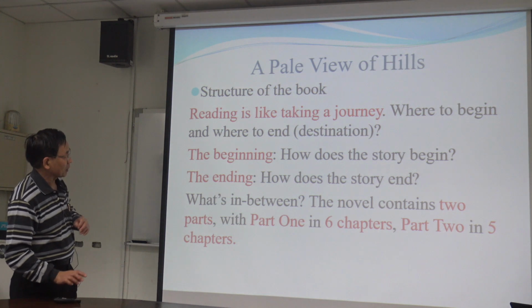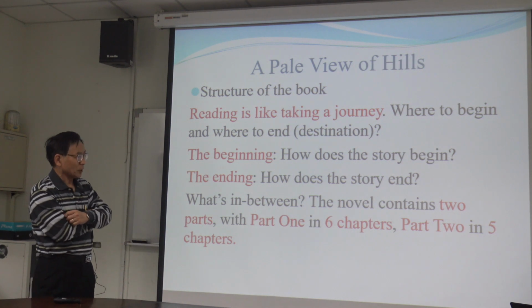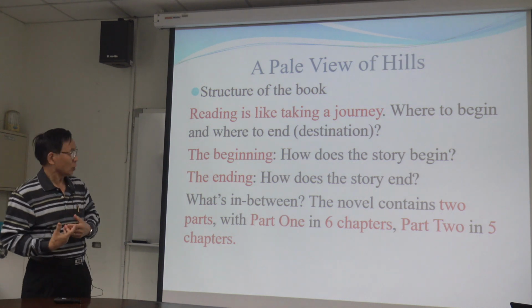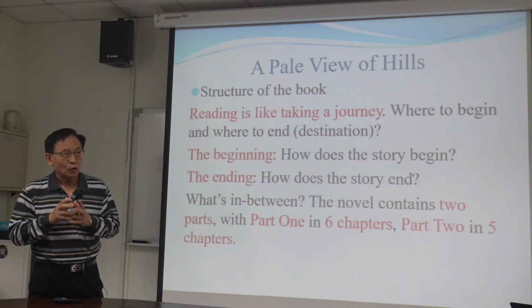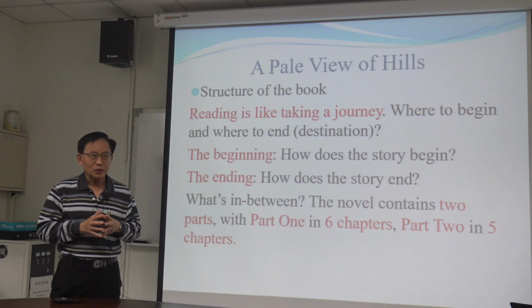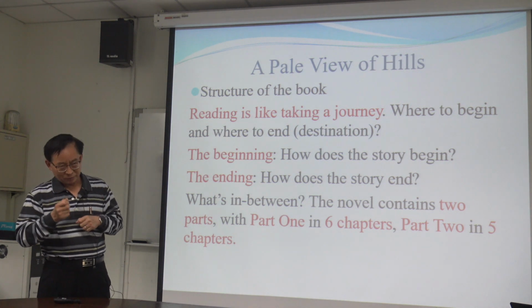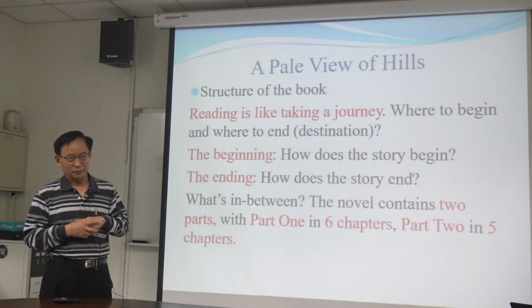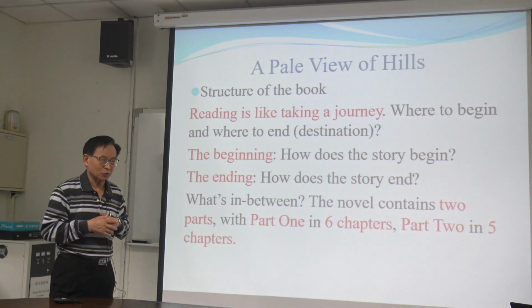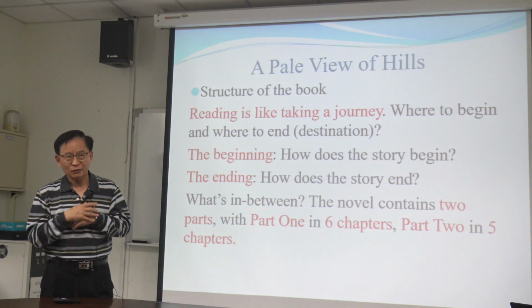And about the book, I also mentioned in my last class a little bit about the structure of the novel. Whatever book you decide to study, when you open it, what you need to be more careful about is the so-called overall structure of the novel.